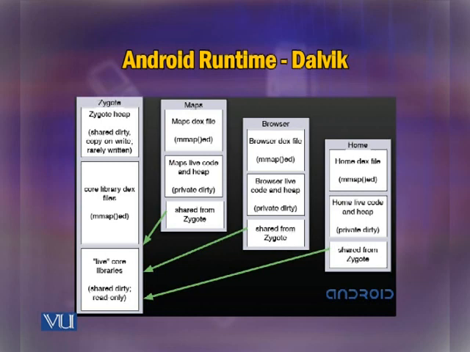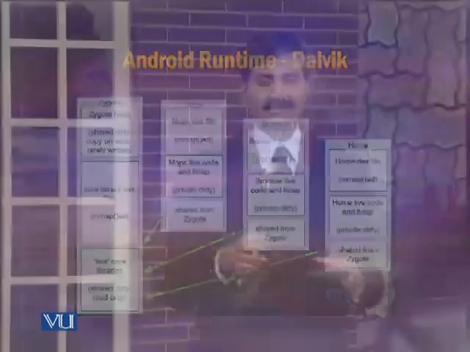And this is how we get our memory efficiency, that we have a set of core libraries that everybody shares and uses for their purpose, without everybody loading their own set of core libraries.